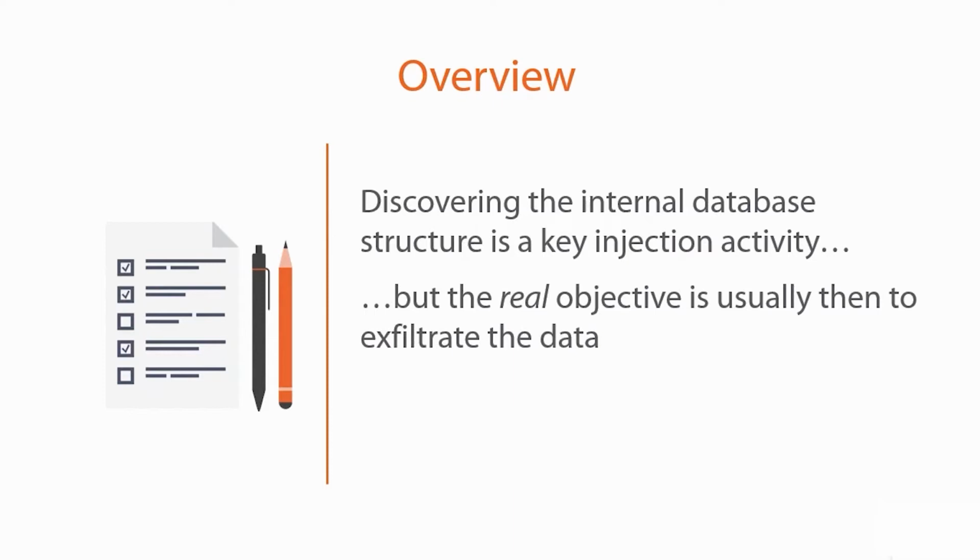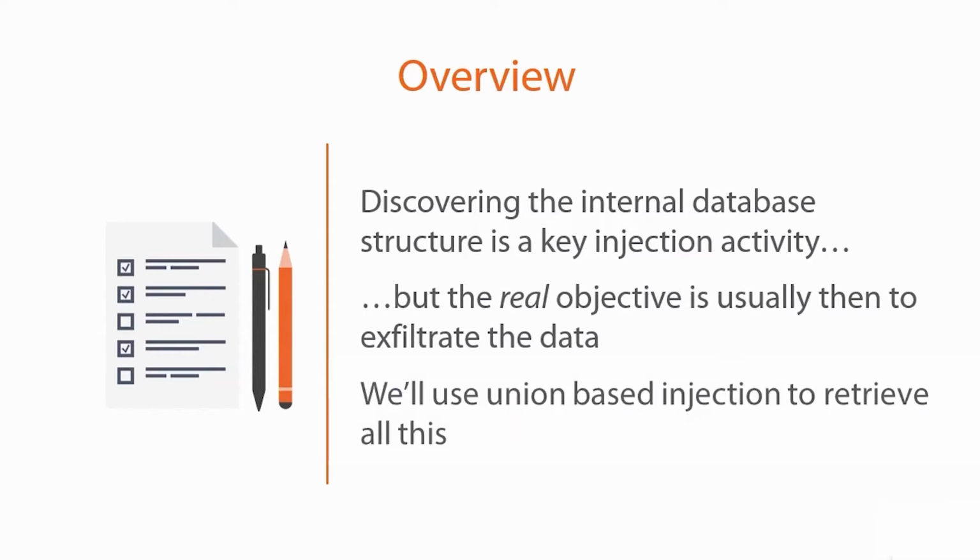Now, the attack that we're going to really start focusing on is the union-based attack, because we want to use this in order to pull the data out of the database via the web application. So we touched on union-based injection in the last module, and this is where, as an attacker, we're appending our own result set with data that's not meant to see the light of day, and we're tacking it onto the legitimate result set.